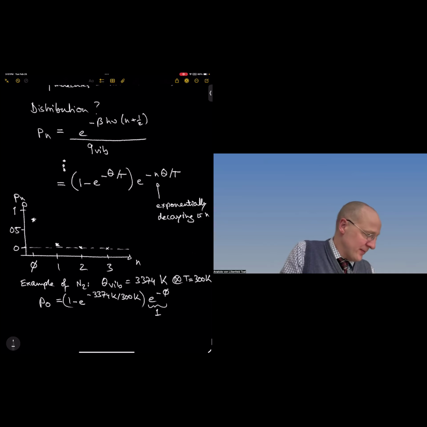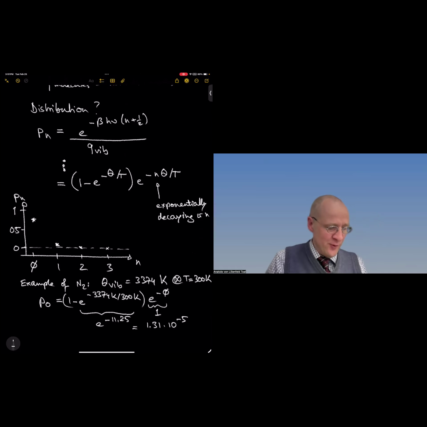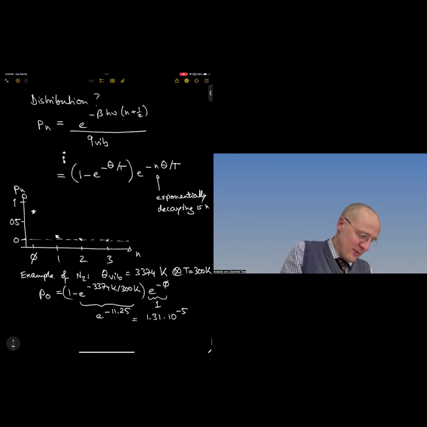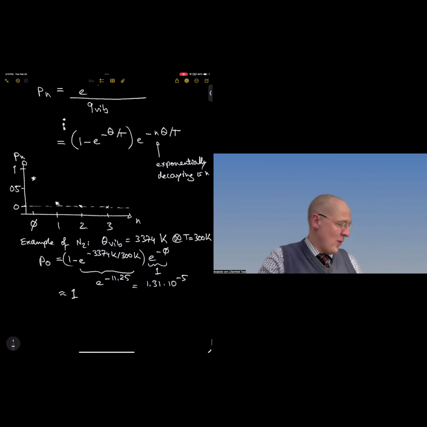And so this is e to the minus 11.25, which is the same as 1.31 times 10 to the minus 5, a really small number which you're subtracting from 1 here. So for all intents and purposes, the probability for your 0 state is equal to 1.